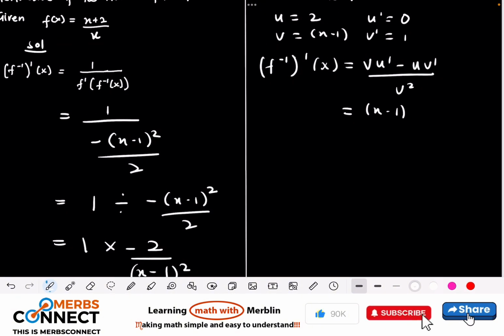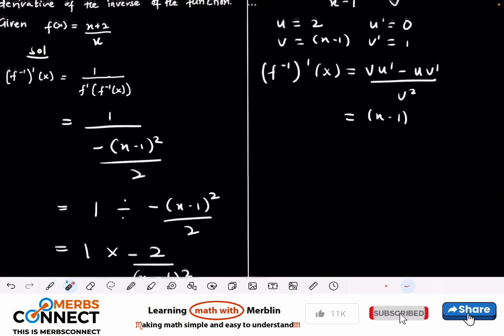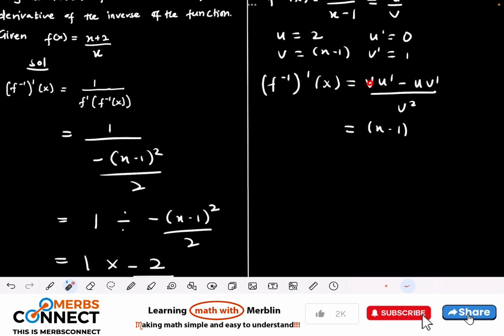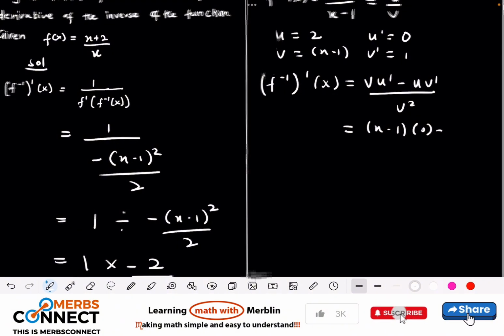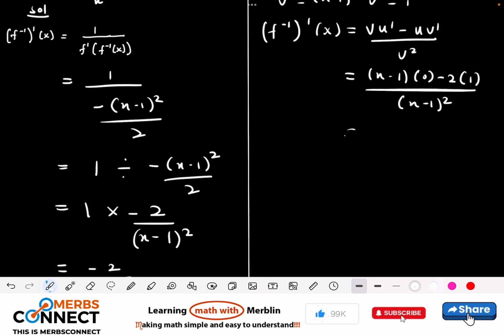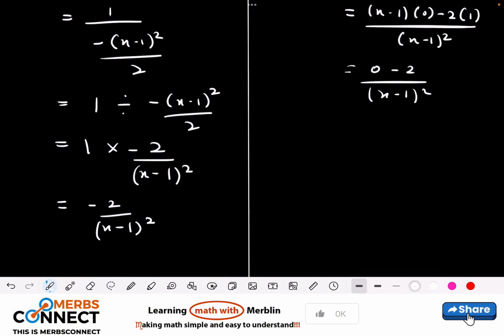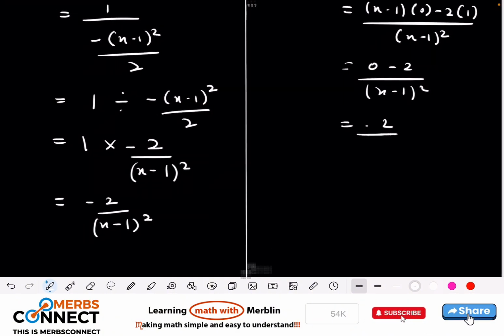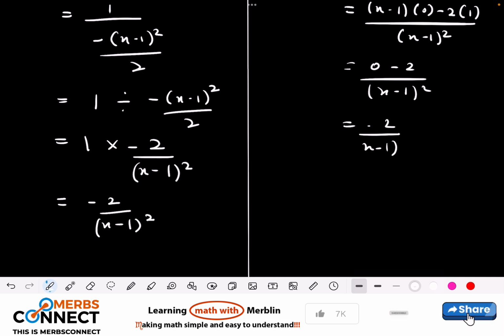So let's get back to where we were solving. v is this, and u prime is 0, so this one will be multiplied by 0, minus u which is 2, times v prime which is 1, all divided by (x minus 1) squared. So 0 times this is 0, minus 2 divided by (x minus 1) squared. And this gives us negative 2 divided by (x minus 1) whole squared.